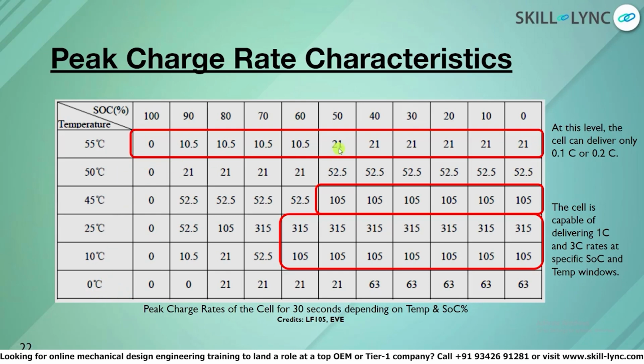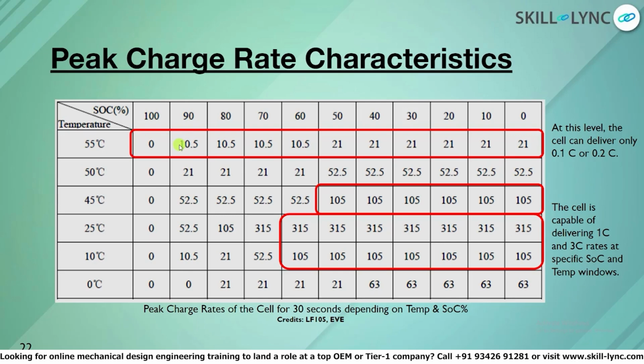Now when we get back to the peak charge rate characteristics, which are dependent on SOC percent and temperature, here we have SOC on the x-axis and temperature on the y-axis. If you refer to the first one, the 55 degrees line, at 100% SOC and 90% SOC, what is the charge? Say you have a vehicle, you have connected the charger and you are trying to charge it. When you are at 100% and 55 degrees and you have connected the charger, it literally does not take any charge because you are already at 100%.